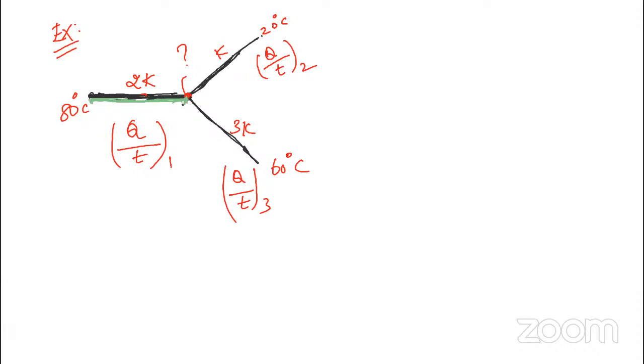So between these two there must be some temperature variations. Okay. So here the heat energy is transferred through this rod. Initially it is 80 degree and finally it is T at the junction temperature T.